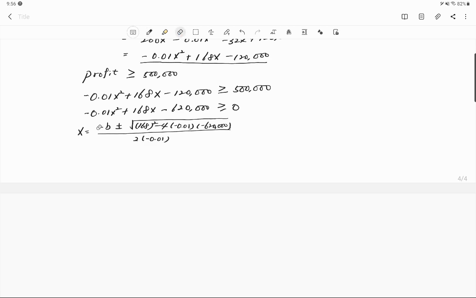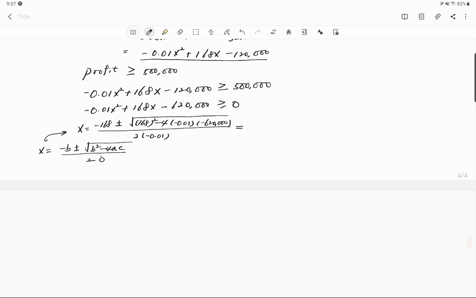Okay, so what's the formula again? Let me write it. The formula is x equals negative b plus or minus the square root of b squared minus 4ac, over 2a.